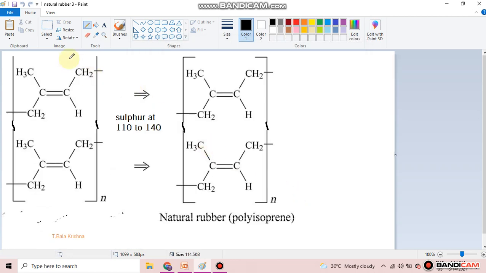It is one rubber spring. When you add the sulfur, here the double bonds are lost, and one sulfur is added between the two rubber springs. Next, another sulfur.